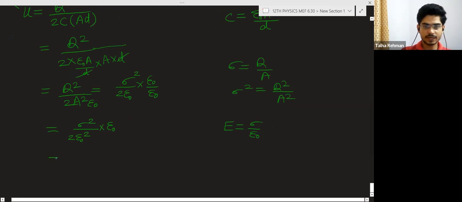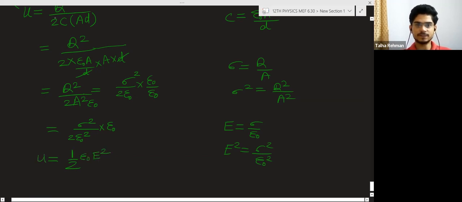So from here I can write half, and instead of sigma square by epsilon naught square, this will become E square. So half epsilon naught into E square. This is the formula for energy density.